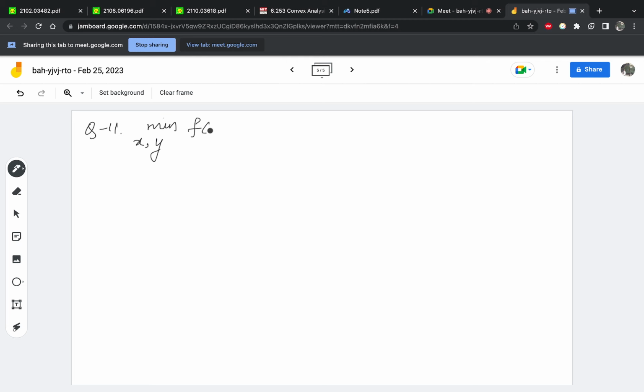There's an optimization problem over two variables, and the function is just the product of the two variables, subject to a line constraint. So can we rewrite this problem as something else?